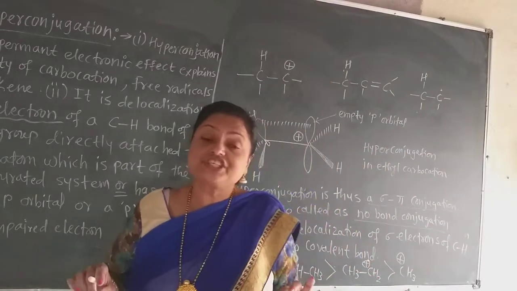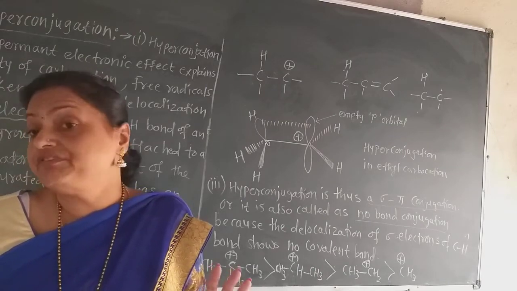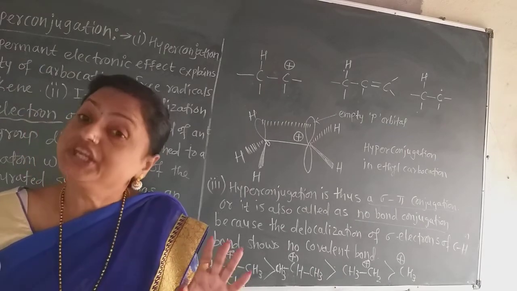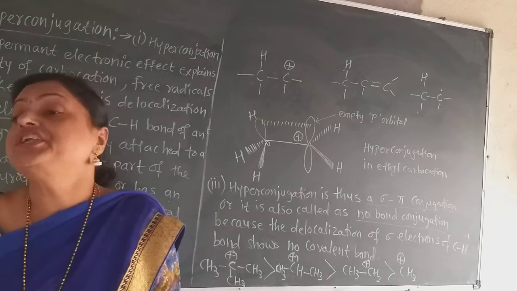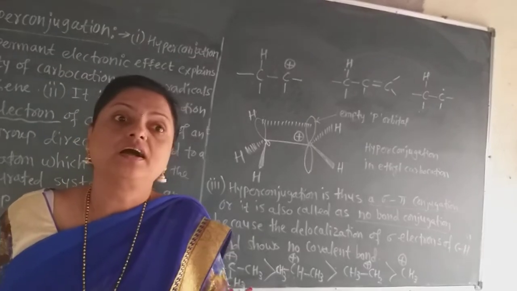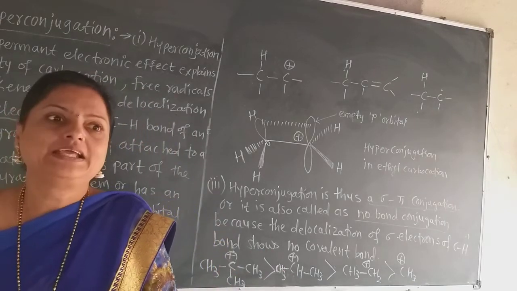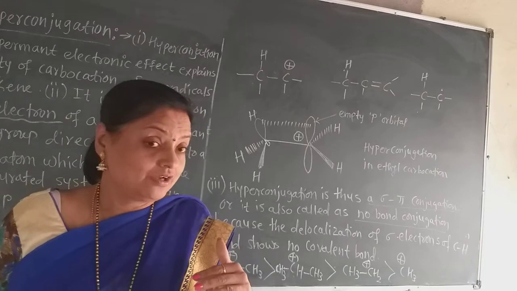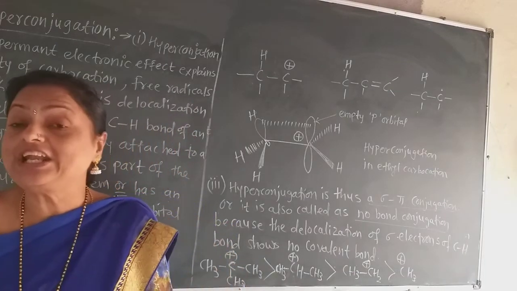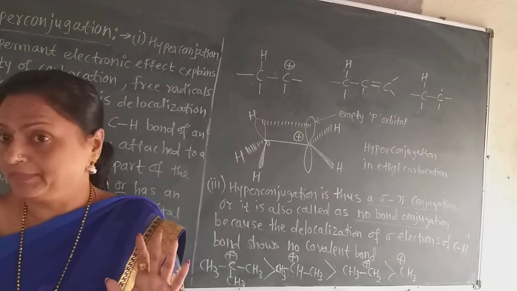Now hyperconjugation is given by such a system in which the CH bond is directly attached to a carbon which is joined to the unsaturated system, or a carbon which has the empty p orbital, or a carbon which has the p orbital with an unpaired electron. Remember that.